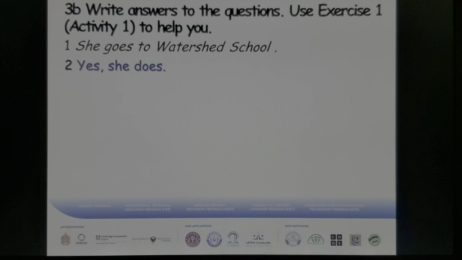So number 3, does she think her school is typical? Read the conversation. Read the interview, please. So does she think her school is typical?